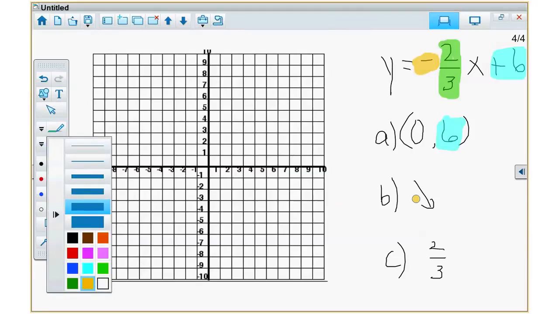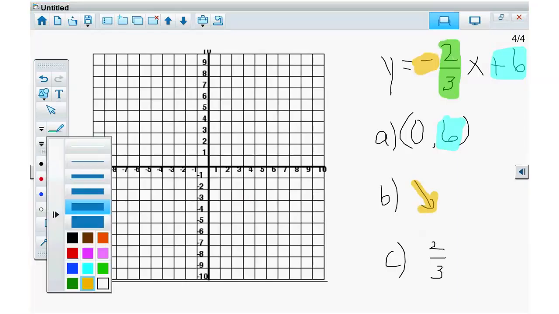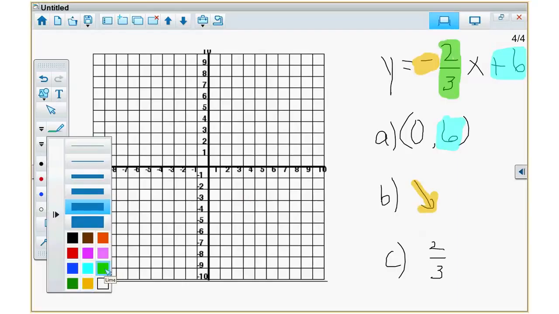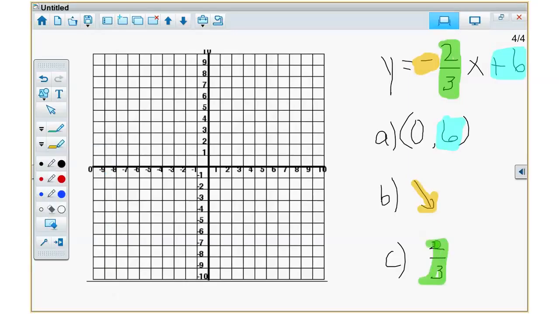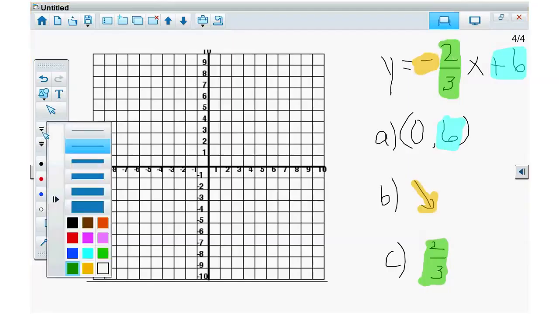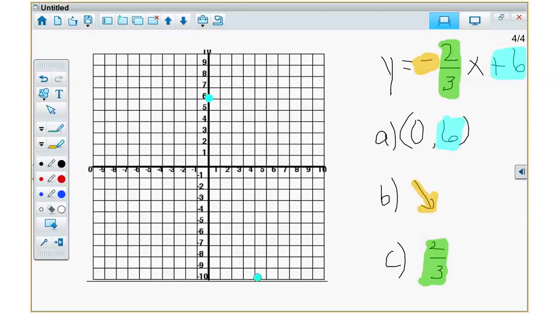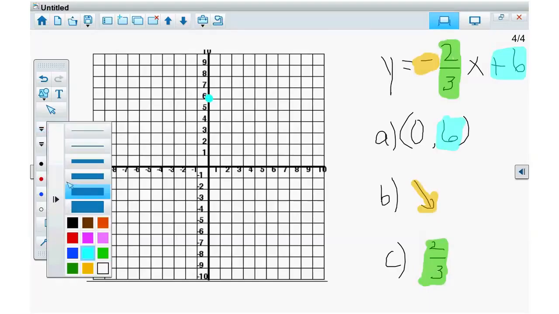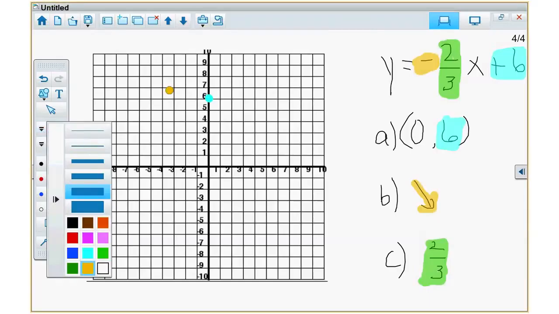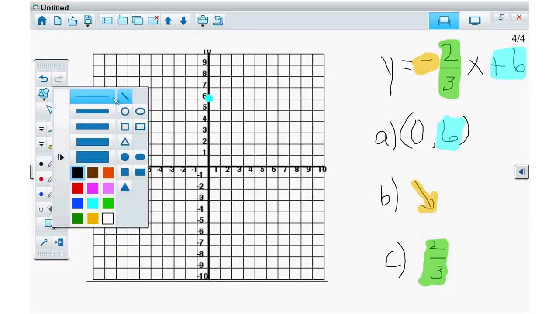There is our slope. And there is our vertical over our horizontal. So I'll take my handy dandy blue marker. One, two, three, four, five, six. Take my straight line here, straight line. There we go.